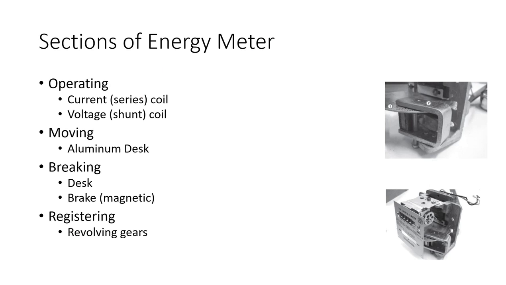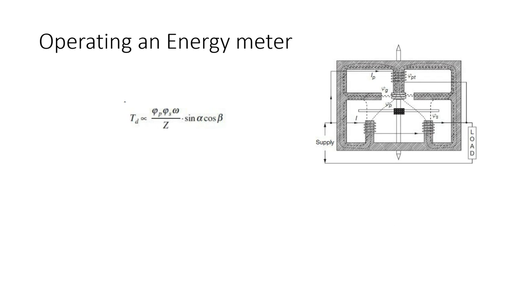The section of energy meter consists of current and voltage coil, and moving disc. This is the moving disc, and the brakes. These are the brakes, and we are having registering components. So these are the mechanical counters in it. Operation is simple.